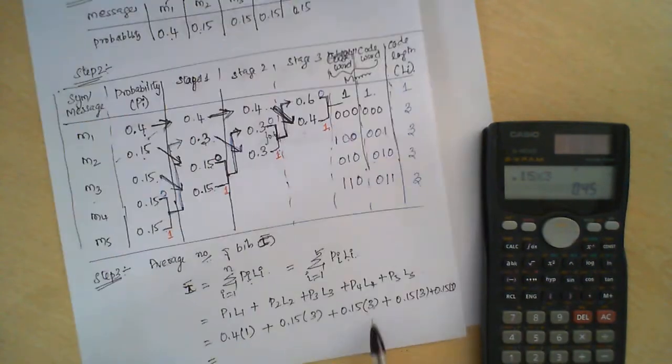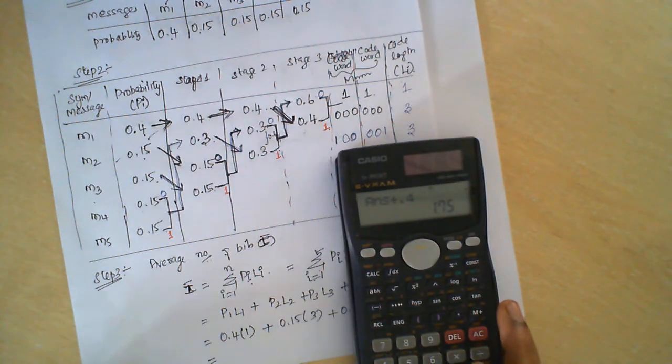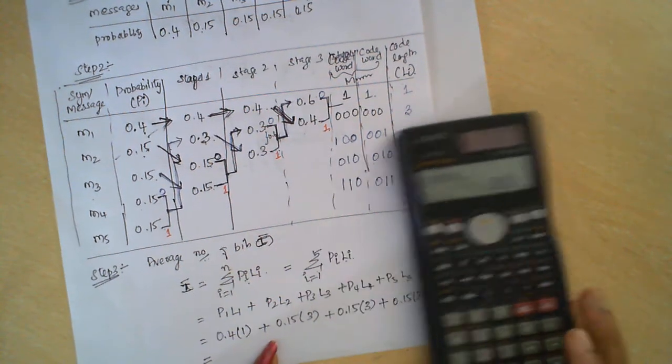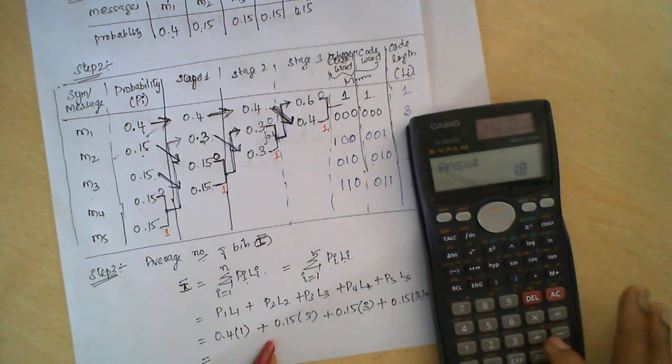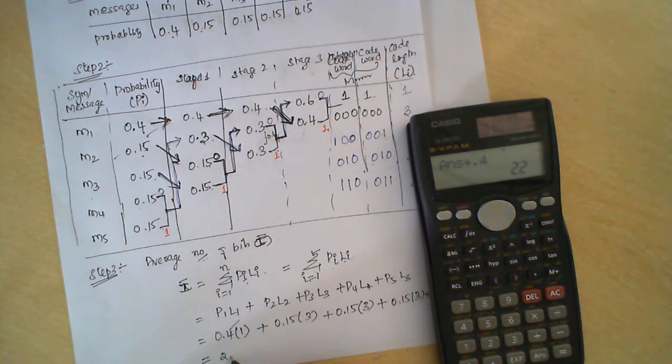Actually we have 4 symbols with the same value, so 0.45 into 4 times is 1.8. 1.8 plus 0.4, the answer is 2.2.